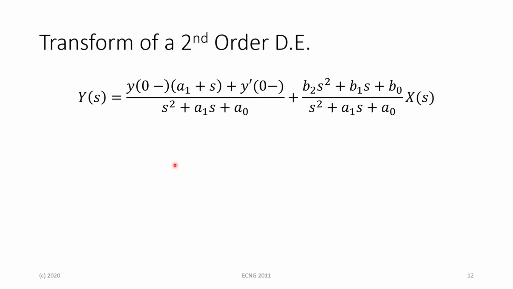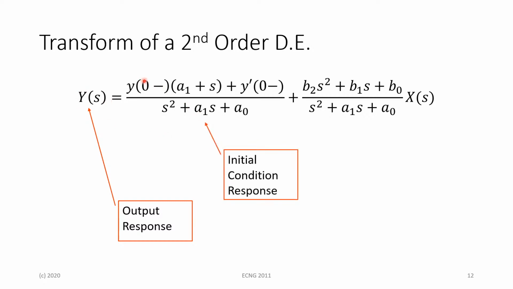When we evaluate Y of s, we get this form of equation, where Y of s is our output response, the initial conditions y of 0 negative and y prime of 0 negative, being our first differential, make up our initial condition response, and our X of s component is our input response.